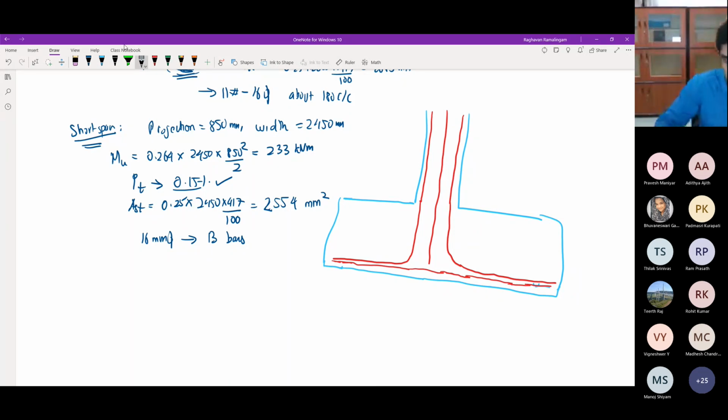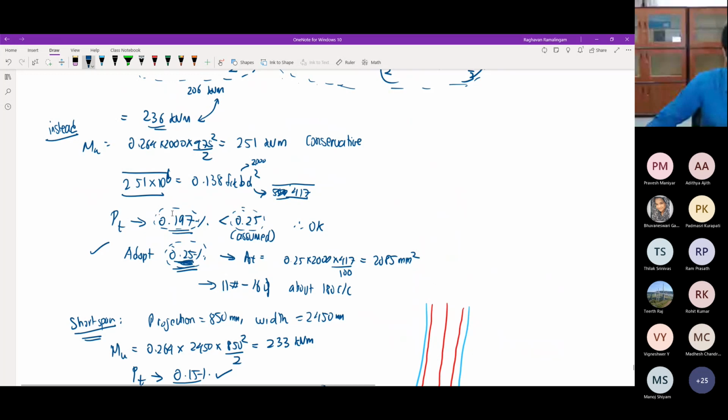So this is about 200 mm spacing: 16 mm bars at 200 center to center for satisfying this. Then for the other span, we found 16 bars at 180 center to center.